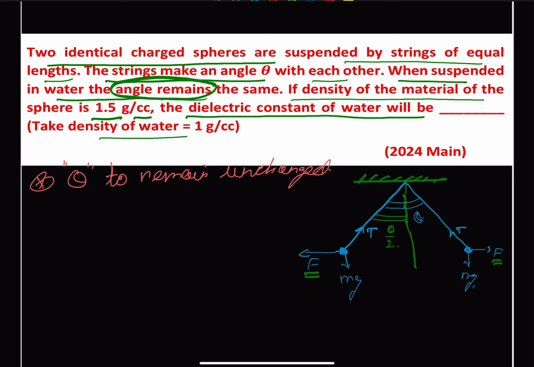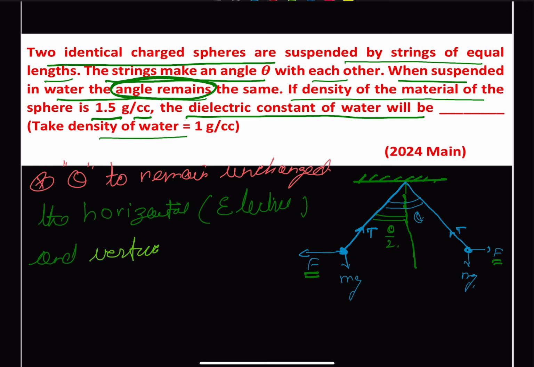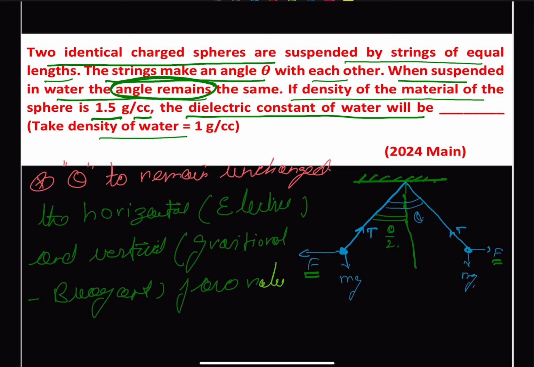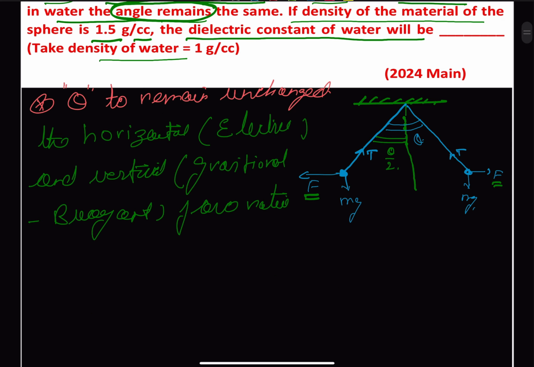So you can say, for theta to remain unchanged, the horizontal, which is our electric force, and the vertical, which will be our gravitational minus buoyant force, the ratio remains the same in air and water.